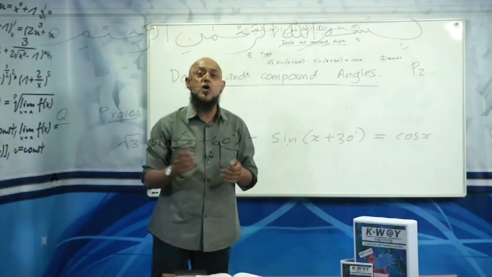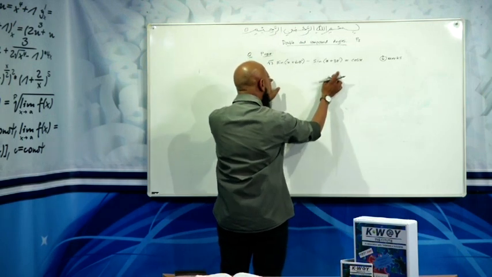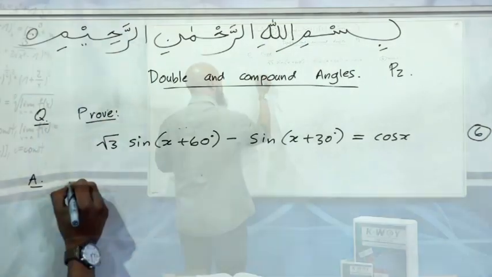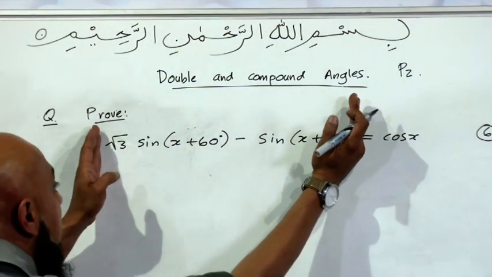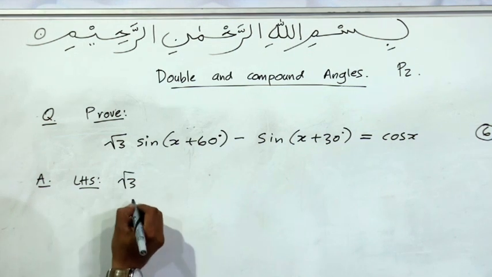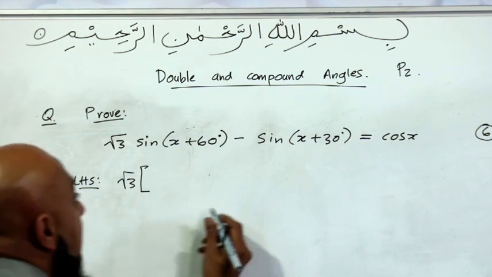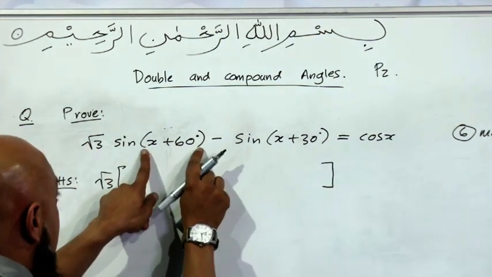Obviously, we know on which side we start: we start on the more complex side. Which is the more complex side, the right or the left? The left, obviously. So let's start here, left-hand side. We're only dealing with this, not the cos x. So what do we have? I've got root 3 in brackets. I'm going to expand this. That's the round brackets.